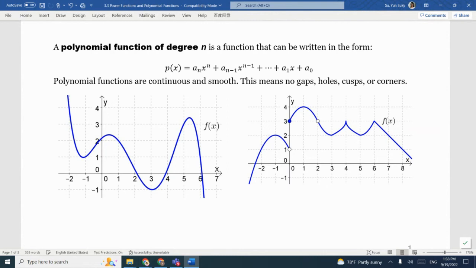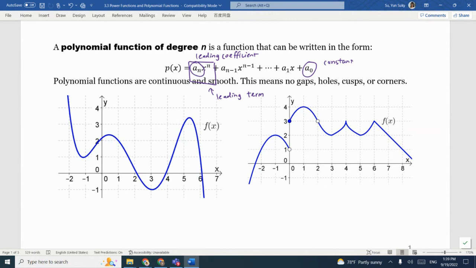And a0 is the constant term. a sub n is called the leading coefficient. And a sub n x to the n is called the leading term because it's the highest power term.